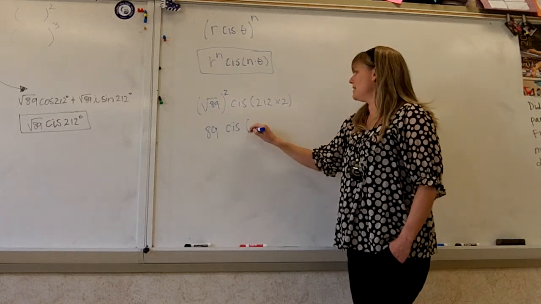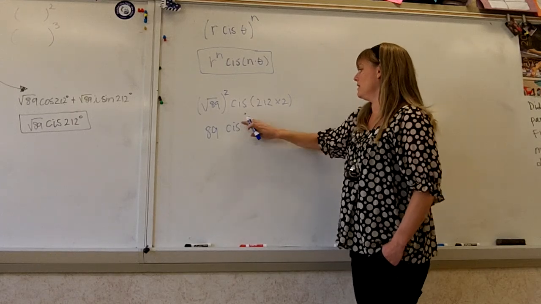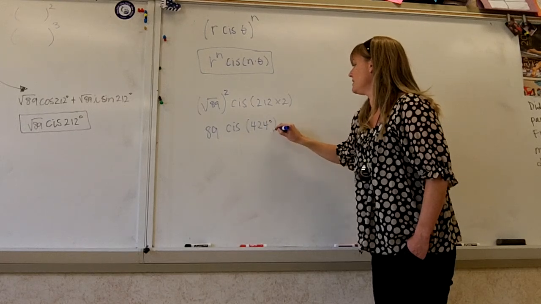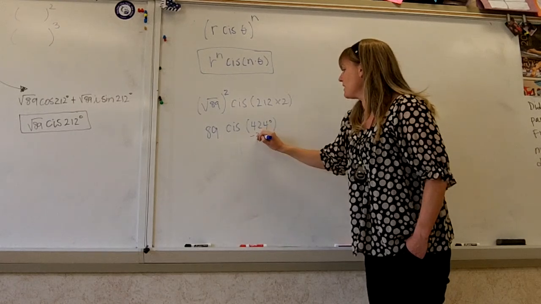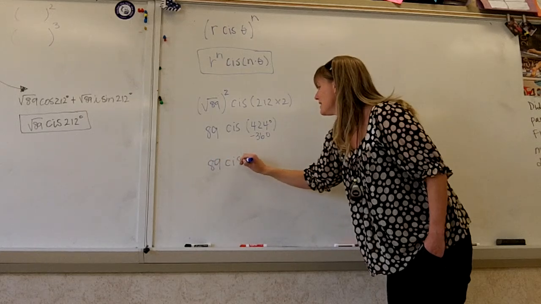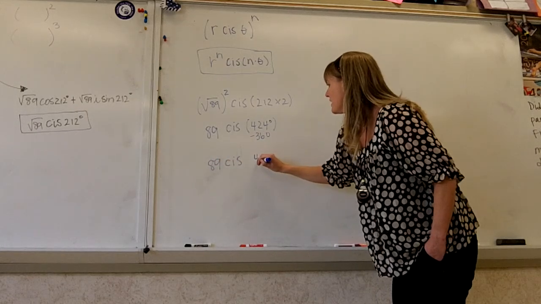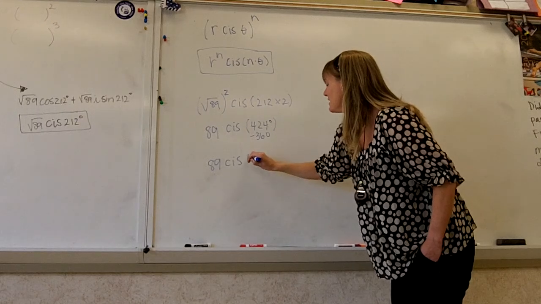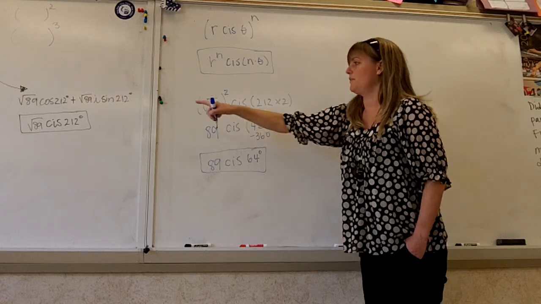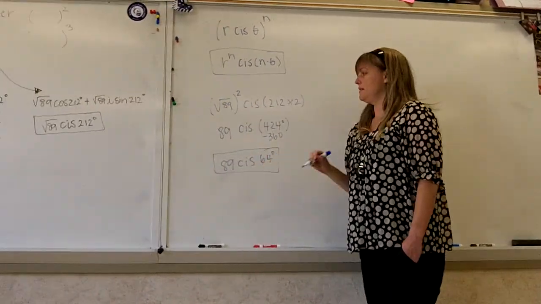Cis, and then I get 2 times 212, which is 424 degrees. But we're going to figure out its coterminal angle and get 89 cis 64 degrees. And so that would be whatever that is, squared.